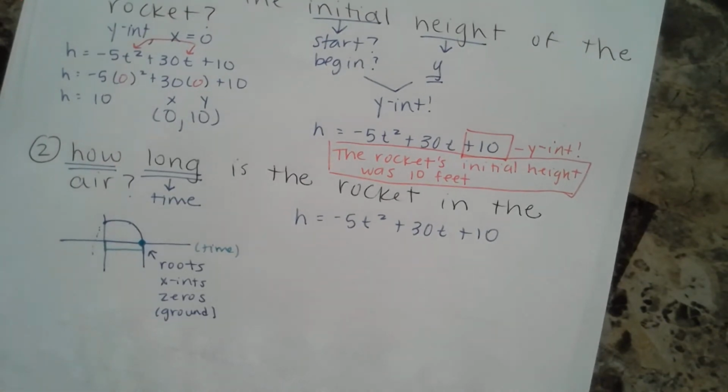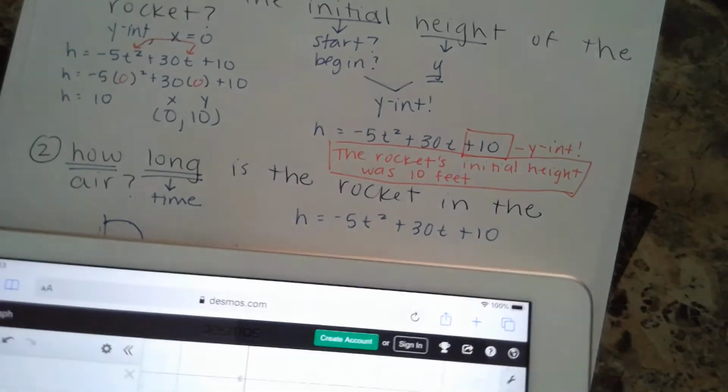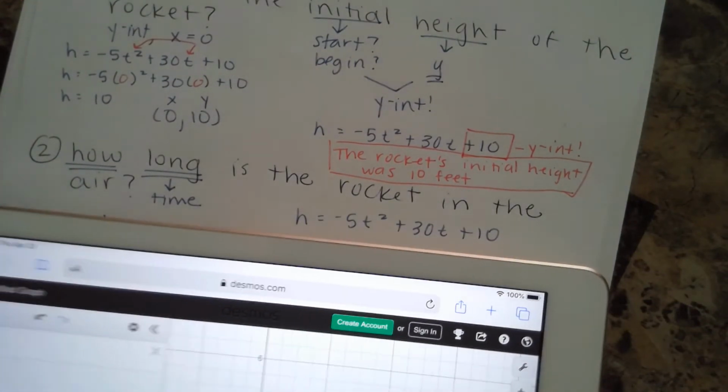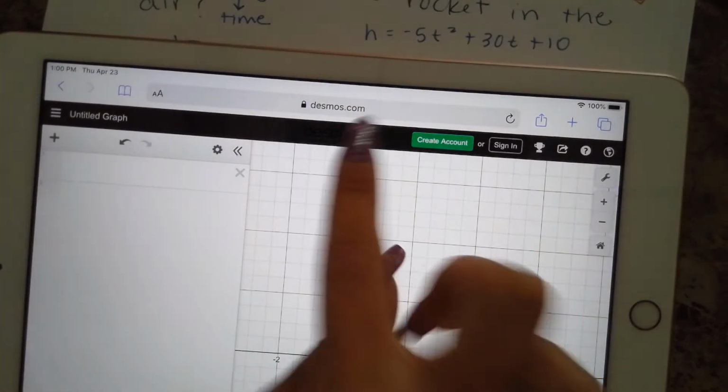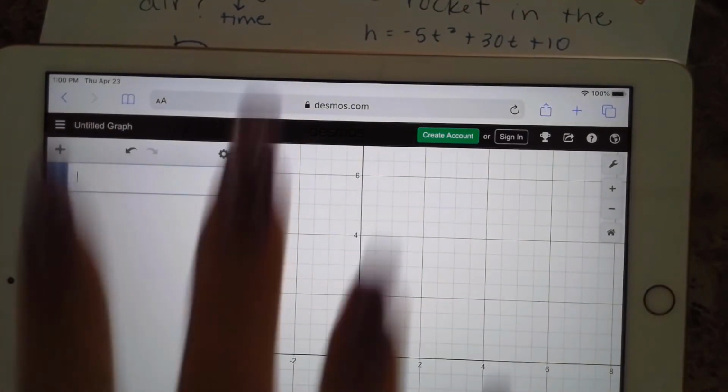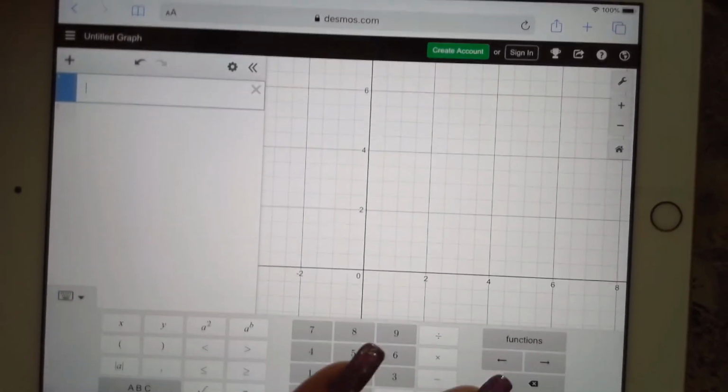What we're going to do is find it in Desmos. There's a video on finding roots, but I want to show you in Desmos. We opened up Desmos, went to desmos.com, and right here I'm going to type in our equation.